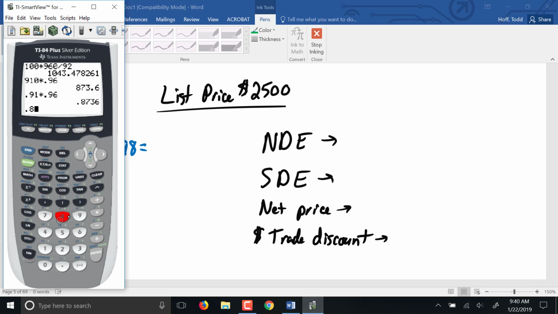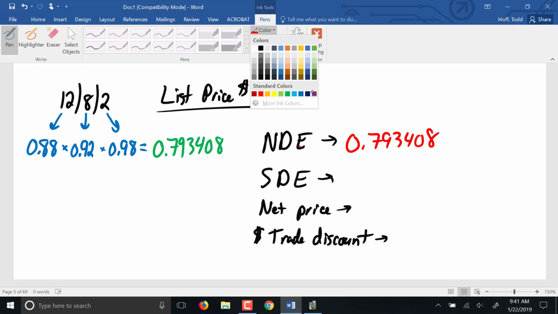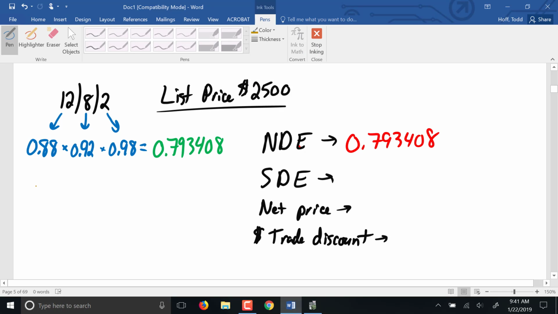0.88 times 0.92 times 0.98. We get 0.793408. That value right there is the net decimal equivalent. From there, to find the single discount equivalent, it's 1 minus that net decimal equivalent.